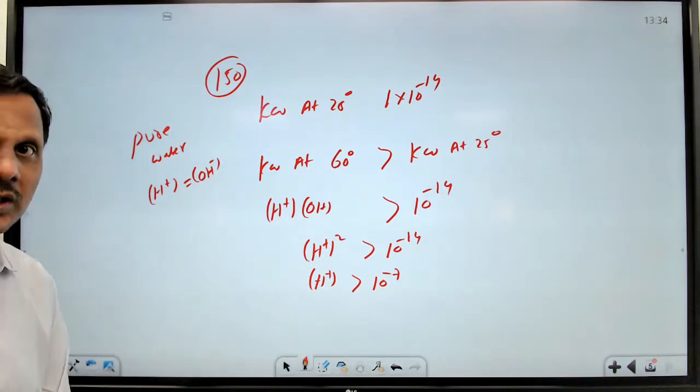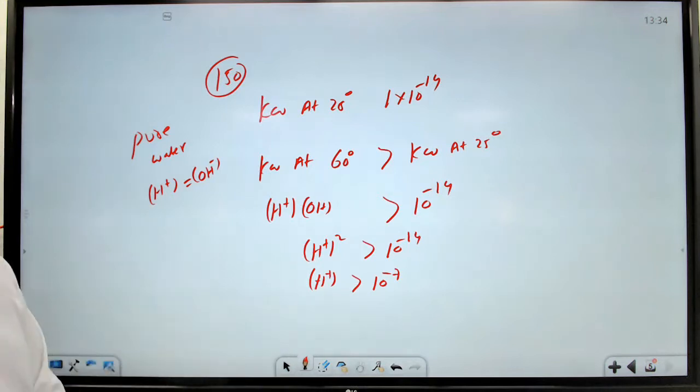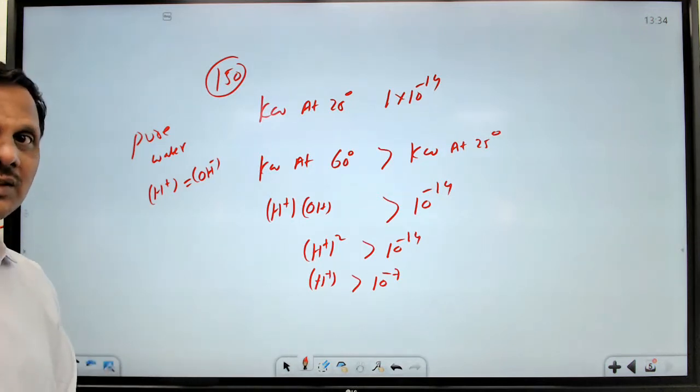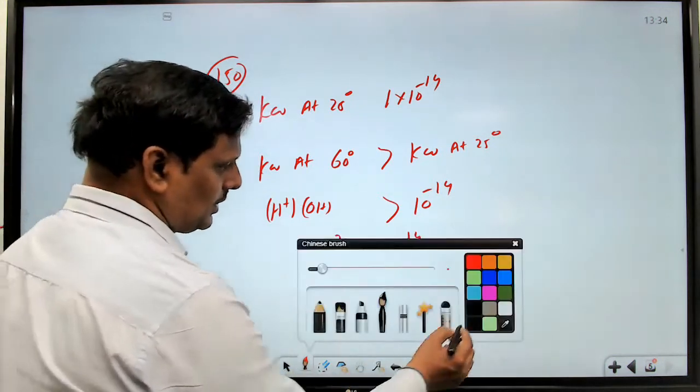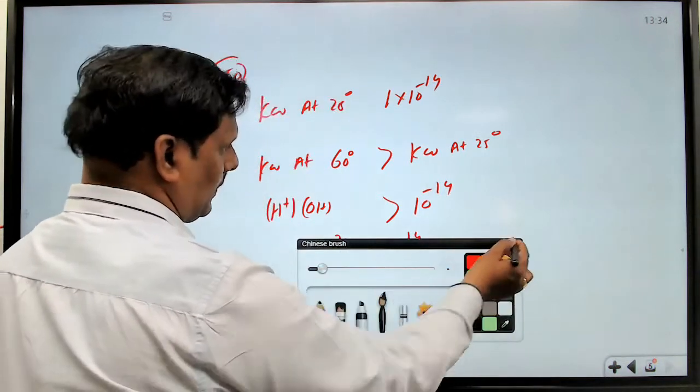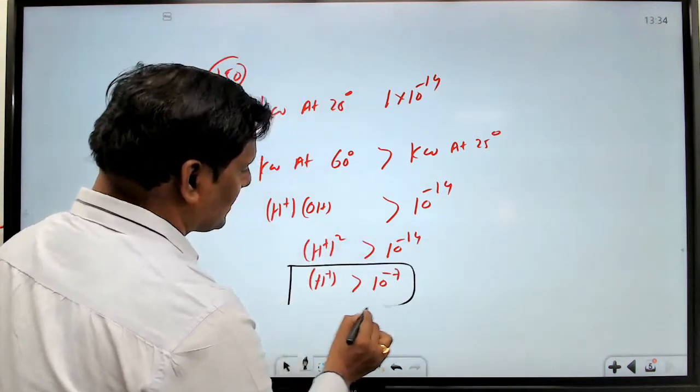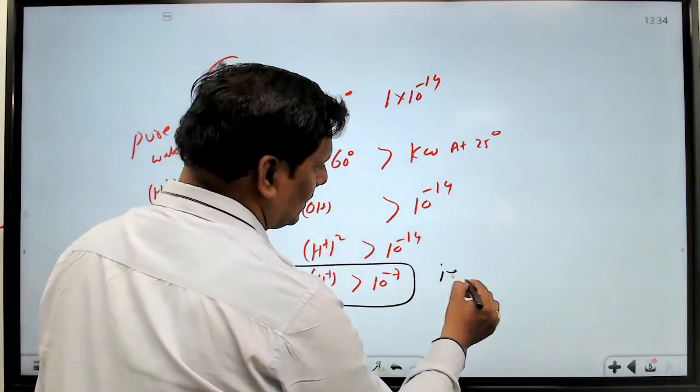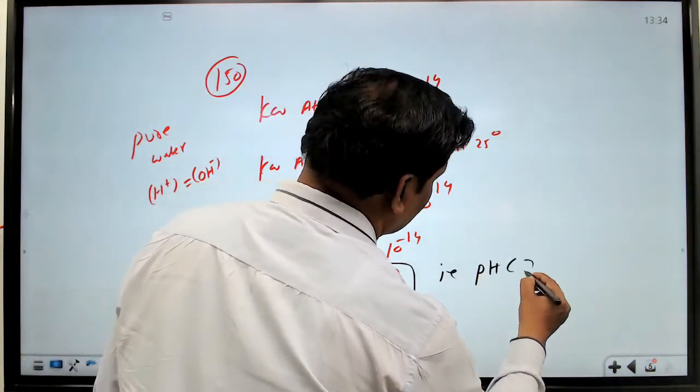Taking logarithm on both sides, H plus greater than 10 power minus 7 means pH is less than 7. Very simple.